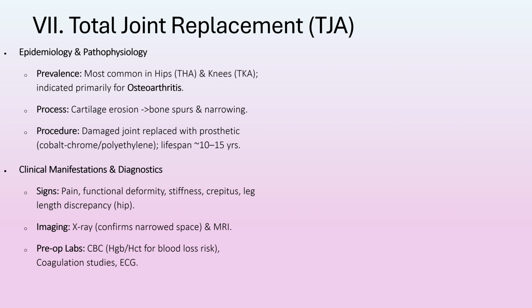Clinical manifestations and diagnostics: signs and symptoms are pain, functional deformities, stiffness, crepitus, and leg length discrepancy in the hip. Imaging: X-ray confirms narrowed space, and MRI shows more about cartilage, ligaments, and how the joint looks. So we have pre-op labs: CBC, hematocrit, hemoglobin for blood loss risk, coagulation studies.